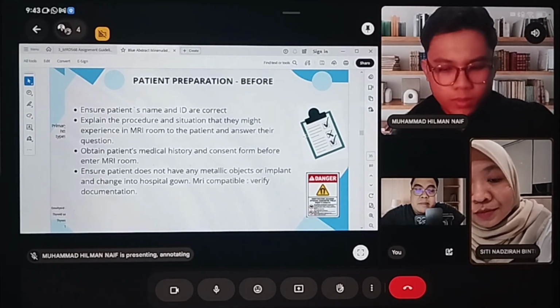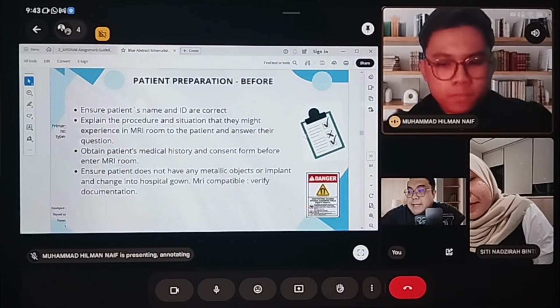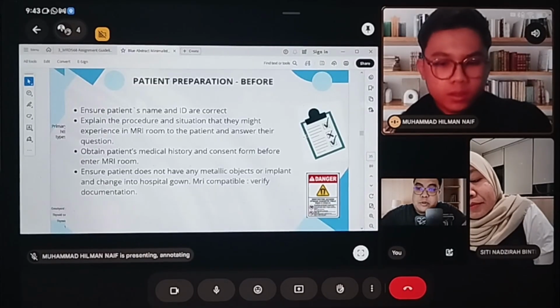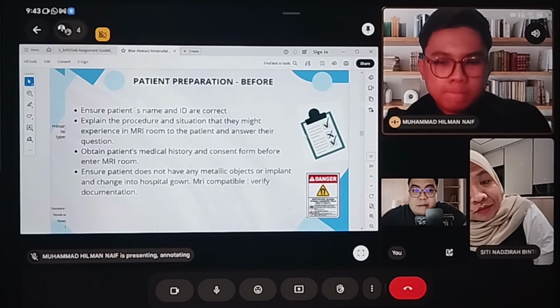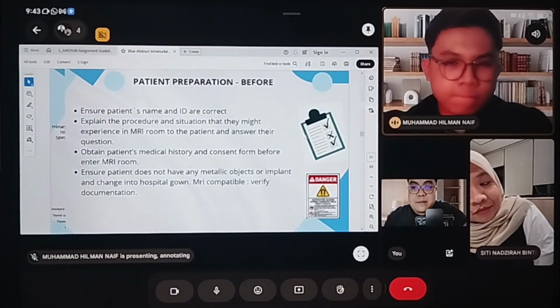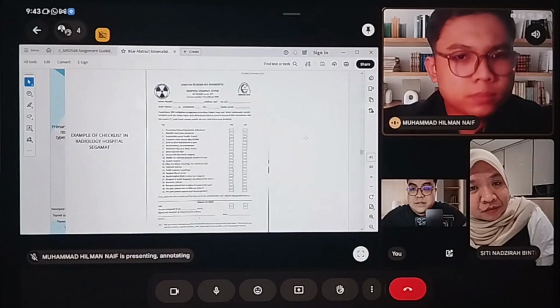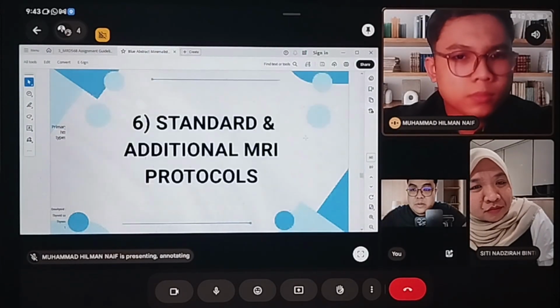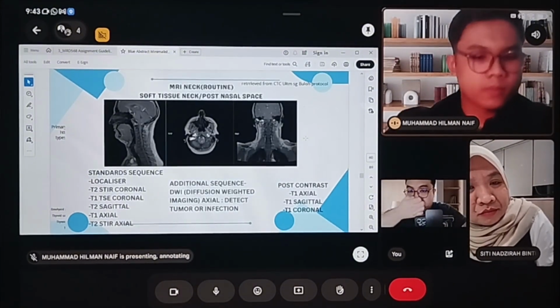So for my section, can you move to my slides for the MRI protocols? Okay, this is Nazira's part, contrast media. RF protocols are on Nazira's part. This is my part for the standard and also the additional protocol.